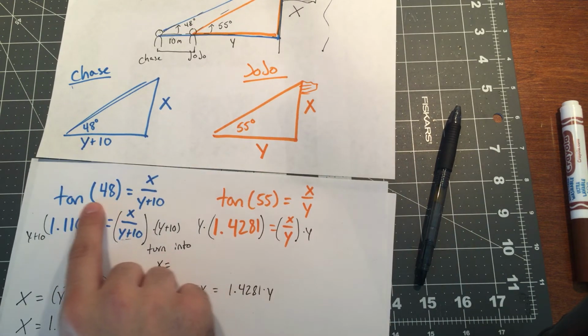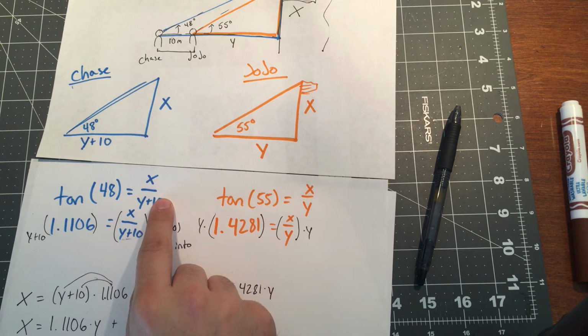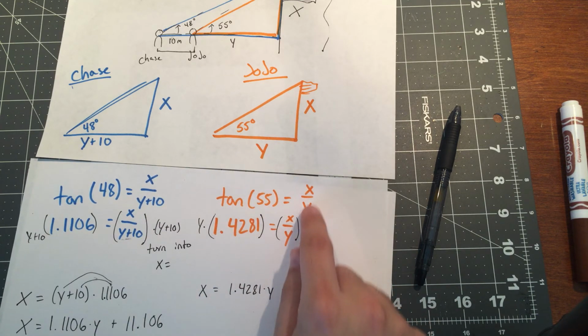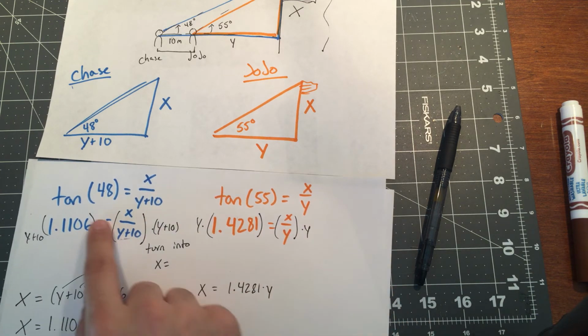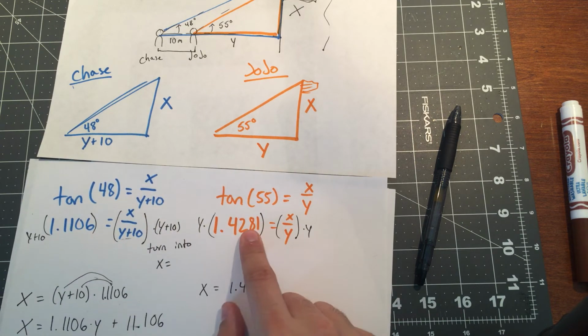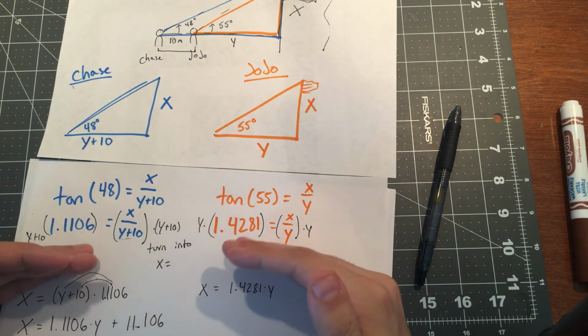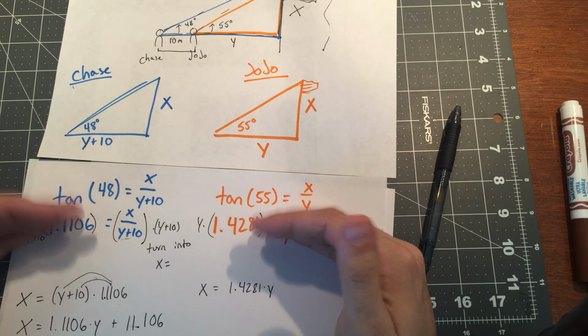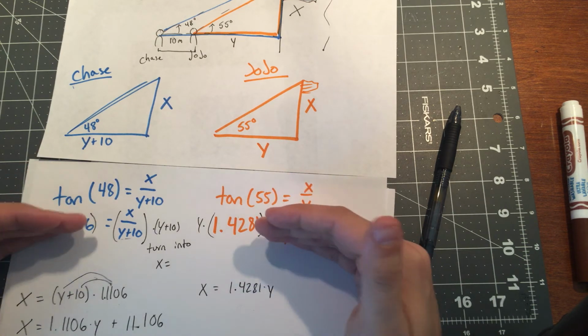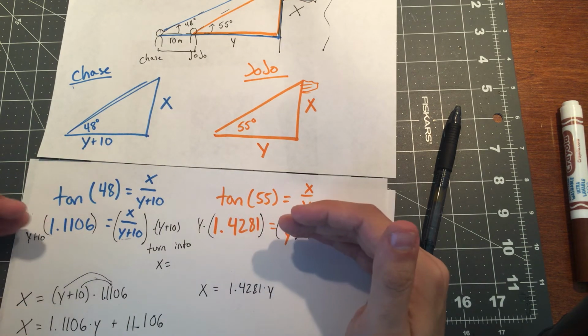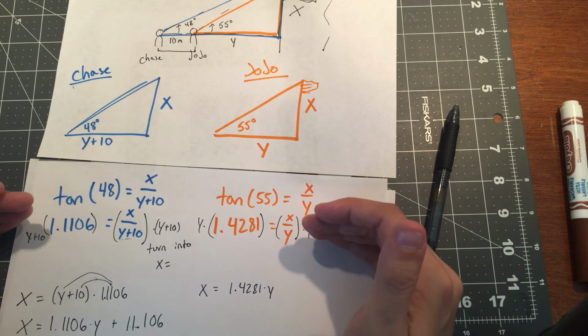I set up the tangent is opposite over adjacent, tangent is opposite over adjacent. I turned the tangent into decimals so I can use it, and at this point, it is no longer a geometry problem. From here on, it is only algebra, only things that you have the ability to do.